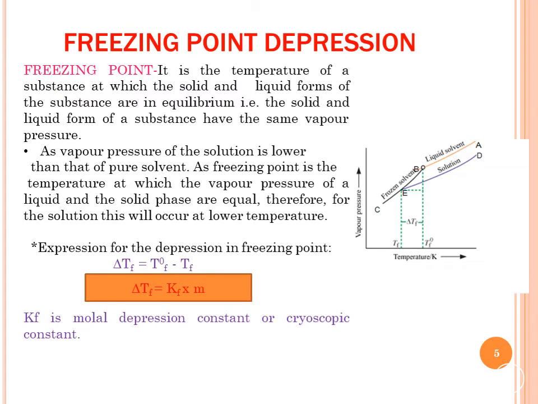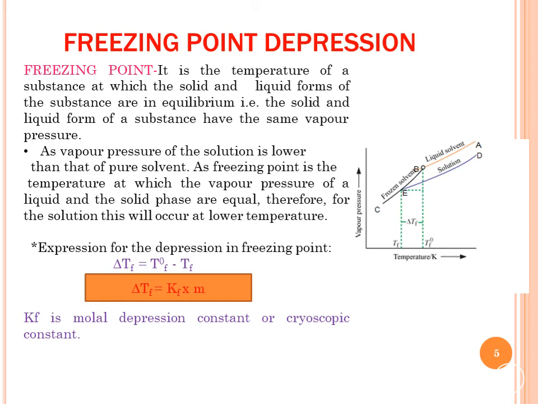In case of liquid, B is the point where the vapor pressure of the liquid and the solid are the same, and this point B represents the freezing point of the liquid solvent. Freezing point is the temperature at which the liquid and the solid have the same vapor pressure. So for the liquid solvent, B is the point where the vapor pressure of the liquid and the solid is the same.